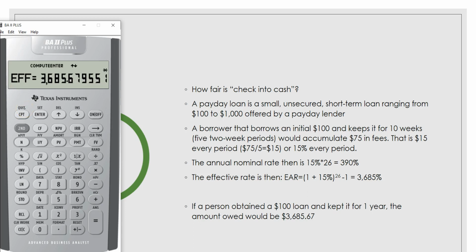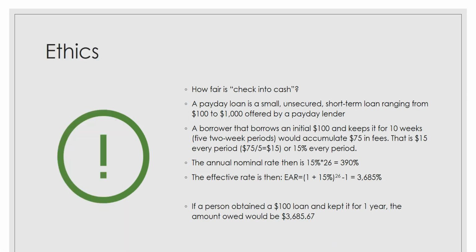And then we compute the effective rate. That gives us 3,685%. So what that means is if someone borrowed $100, they kept it for 26 2-week periods, so 1 year. At the end of that year, they would owe $3,685.68. It's pretty impressive.